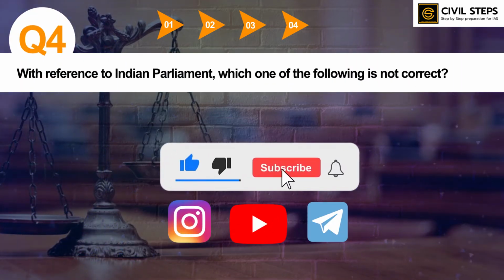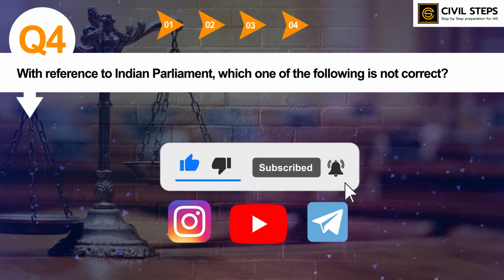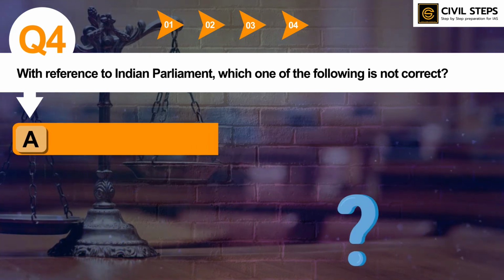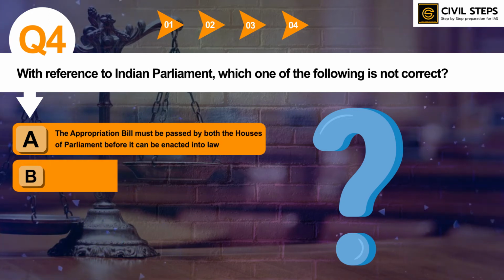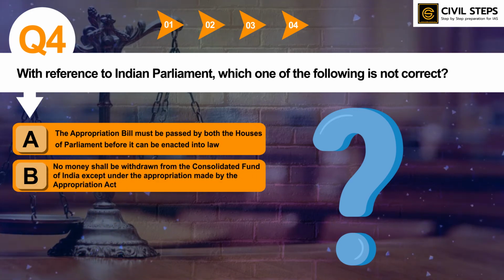With reference to Indian Parliament, which one of the following is not correct? Option A, the appropriation bill must be passed by both the houses of Parliament before it can be enacted into law. Option B, no money shall be withdrawn from the Consolidated Fund of India except under the appropriation made by the Appropriation Act.